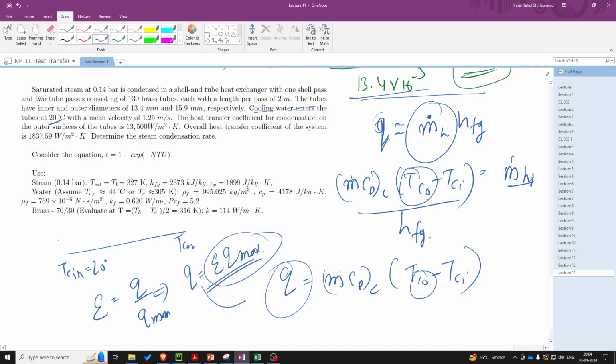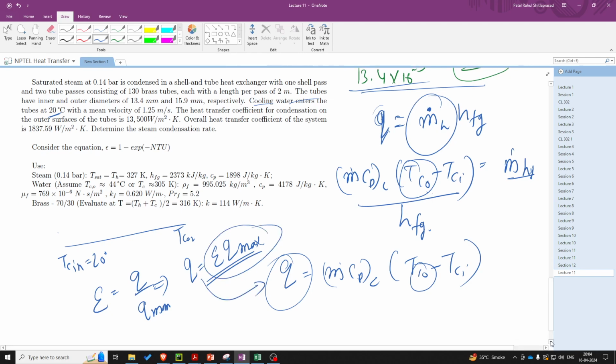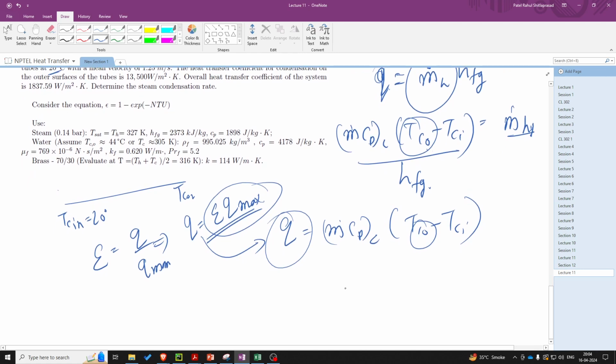So this we can replace over here, and we will be getting epsilon times Q_max upon m_dot Cp_c, plus Tc_in, is equal to Tc_out.